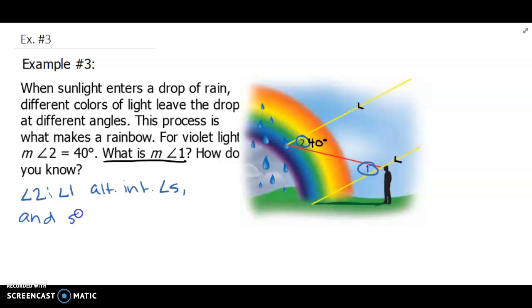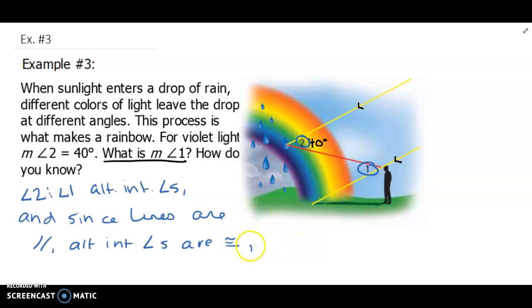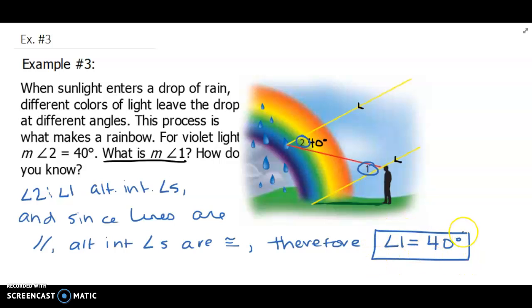And since the lines are parallel, alternate interior angles are congruent by the alternate interior angles theorem. Therefore, angle 1 is also equal to 40 degrees. Okay, and that's it for section 2.